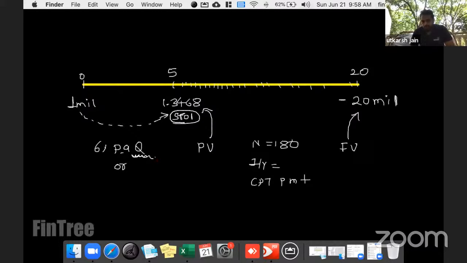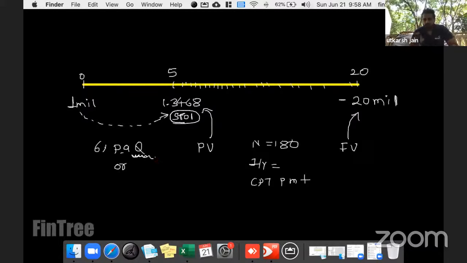If you're thinking that I will take a quarterly rate and divide it by 12, that would be a gross mistake. We cannot do that. A quarterly rate you can divide only by 4. You can never divide a 6% quarterly compounded rate by 12. That would be a blunder. So what we will have to do is first convert this quarterly rate to an equivalent monthly rate.